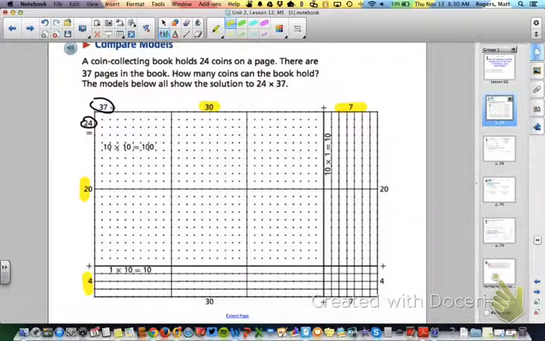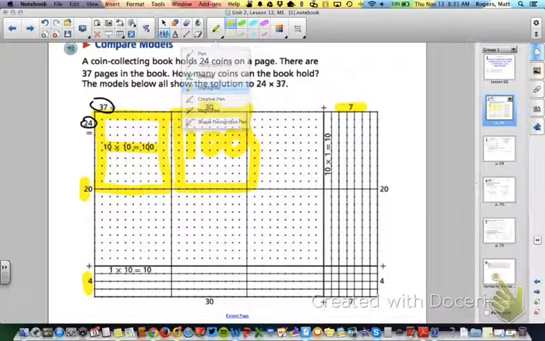Looking at this, very similar to a coordinate grid or multiplication chart, I count out by groups of 10: out by 10, down by 10. And then I fill in the area. I know that 10 by 10, as shown right here, gives me 100. I continue to do it for each of the groups of 10. Another 10, still a width of 10, is also going to equal 100.